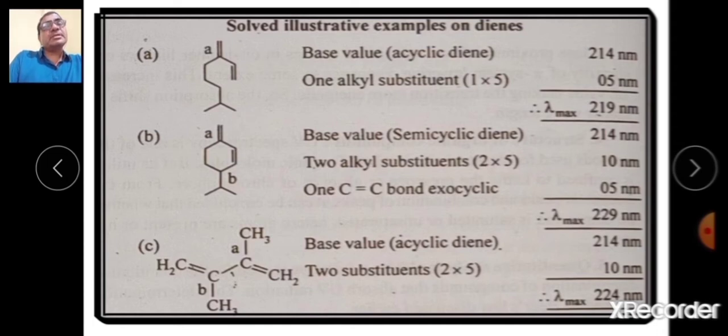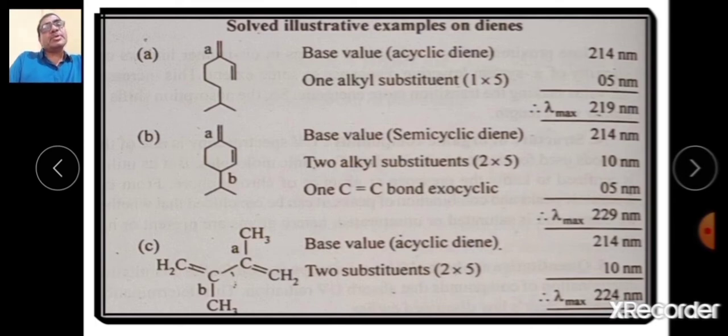Now in the second example, the diene system is shown, it is a semi-cyclic, and the diene system starts here: double bond, single bond and double bond. Here is one substituent and another substituent, A is one while B is another, and therefore there are two substituents. Now base value for a semi-cyclic diene is again 214, two alkyl substituents, that is ring residue, and therefore 2 into 5 equal to 10, and now one carbon-carbon double bond exocyclic to the ring.